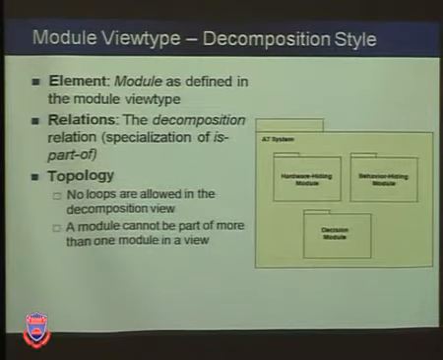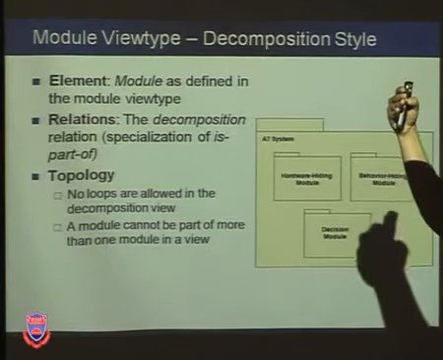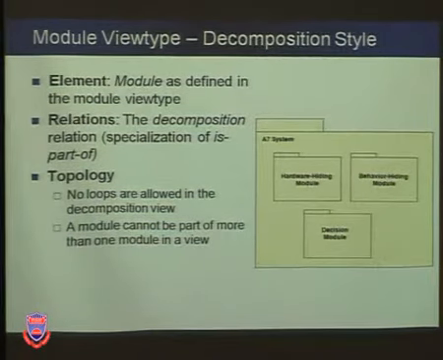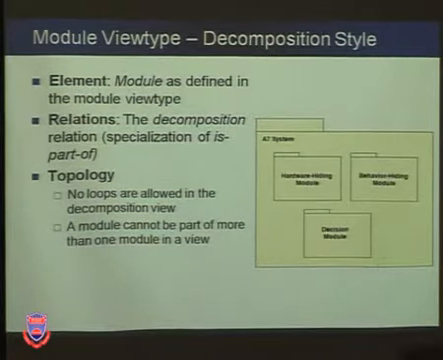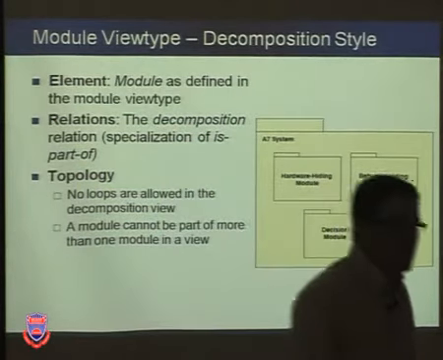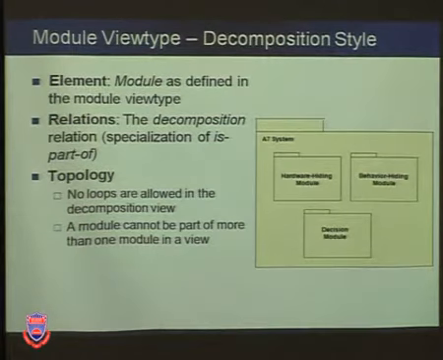So from the view type, we select the decomposition style, and using the decomposition style we have our A7 system. It's not important what kind of system it is here, but we start defining a decomposition view. Our constraint is we can only use part-of, and we can show it like this.